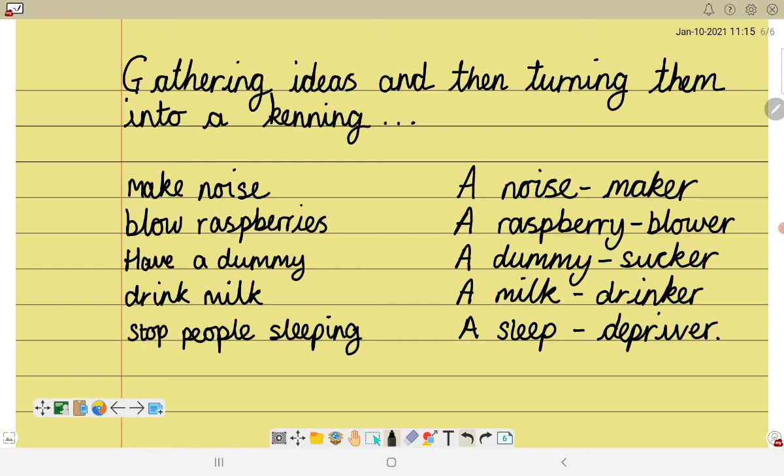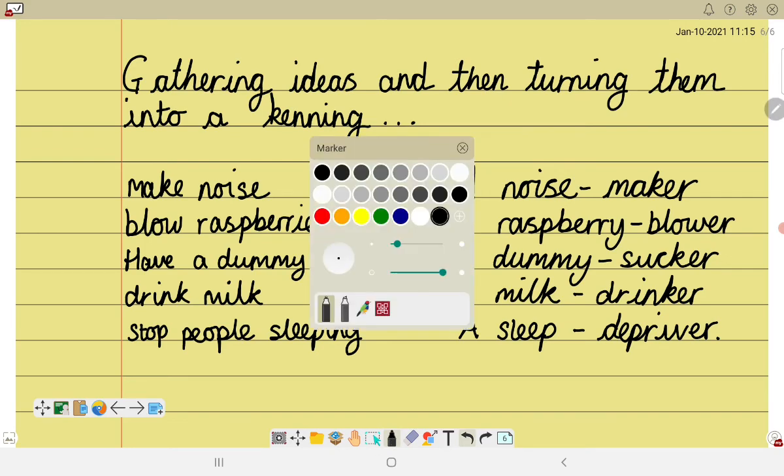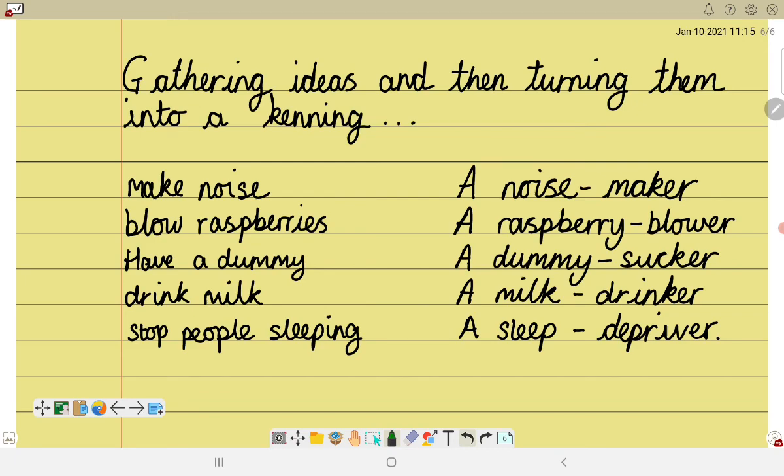Okay, so I've got 5 kennings now about a baby: a noisemaker, a raspberry blower, a dummy sucker, a milk drinker, a sleep depriver. I'm just wondering if I can make any of those better. I'm thinking maybe about a milk drinker. Instead of drinker, could I change that to a milk guzzler instead? So I'm going to use my green pen to change that to guzzler instead. It just makes it a little bit better.